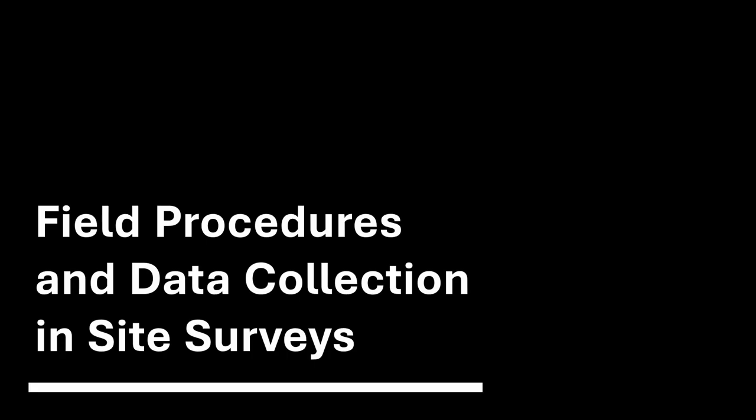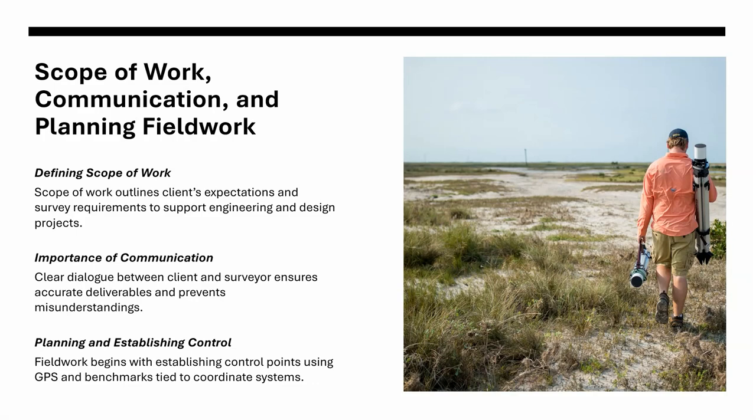A site survey does not begin with a deed or a courthouse search the way a boundary survey does. It begins with the scope of work, usually written by the client or by the engineer who is planning a design project. The scope of work may say something like this. Provide a topographic and improvement survey of the tract located at 123 Main Street.